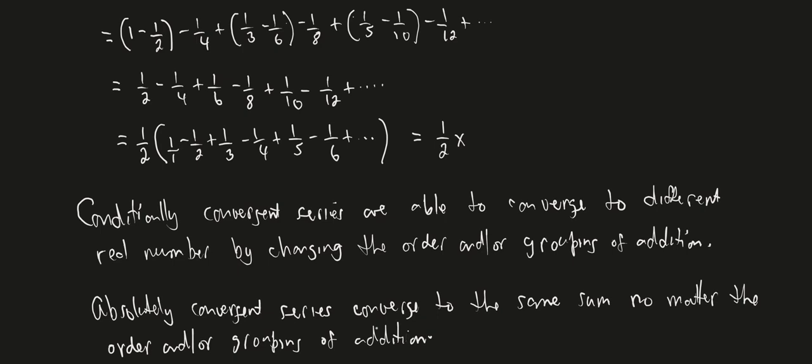In an absolutely convergent series, no matter how you try to change the order of those terms and group them in any fancy way, the result will always be the same sum. The terms will always converge to the same number. Conditionally convergent series, that's not the case.